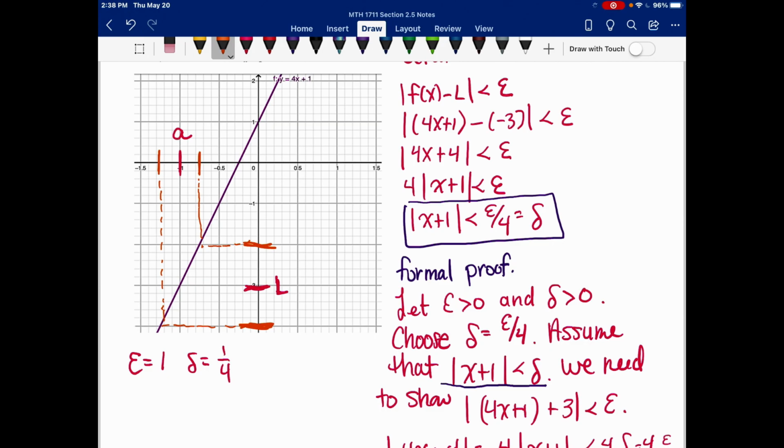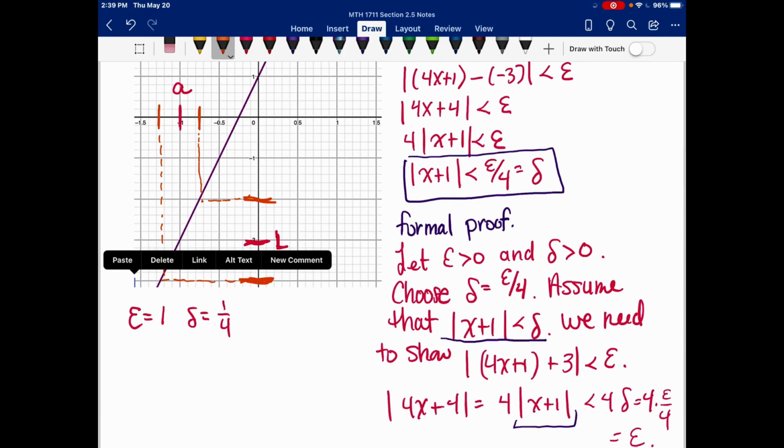And so if I pick some value on that interval between -1.25 and -0.75, then the value of the function at that corresponding value of x should fall on the interval between -2 and -4. So let's just check a value to make sure. Let's say I use -0.9. -0.9 is really close right here.